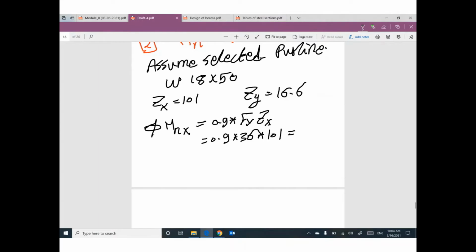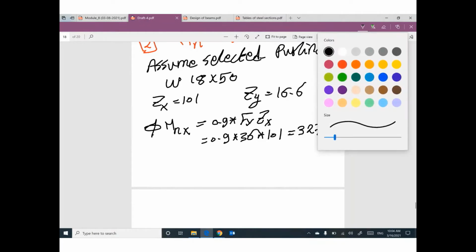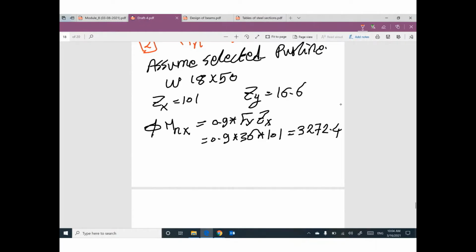What is the value? 0.9 times 36 times 101. This value will be 3,272.4. Please be careful, because 36 is kips per inch square and Zx will be inch cubed.